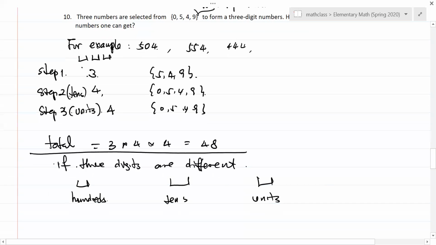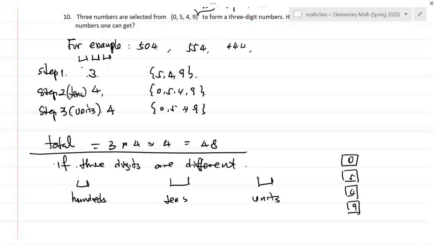This time you can view those digits like objects. 1, 0, 5, 4: you write down these 4 digits on cards, then pick up a card and put it here. For the hundreds digit, step 1, you can only pick one of the 3 cards, so it's 3 choices. Got it? The number of choices.